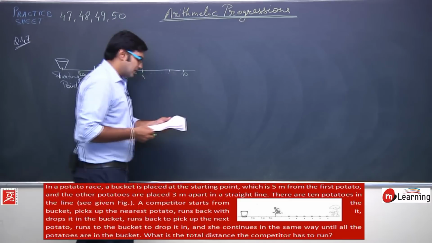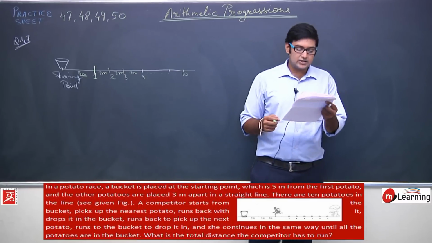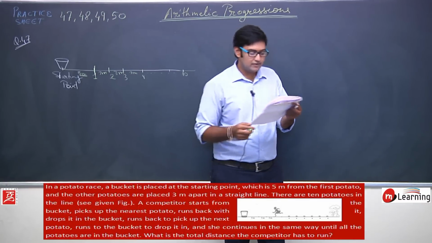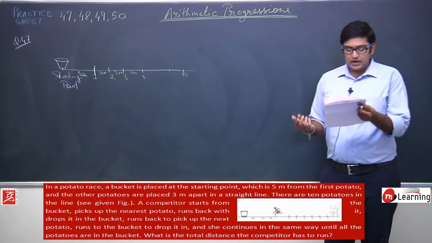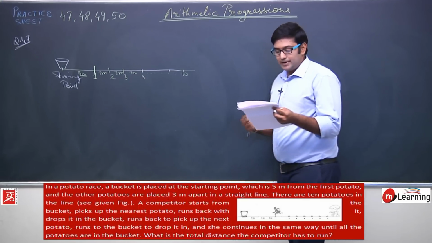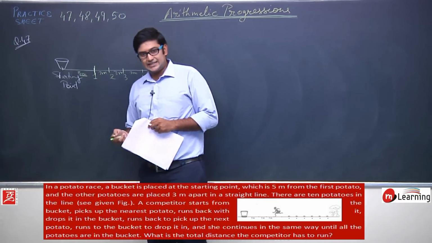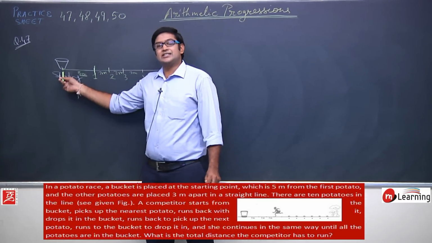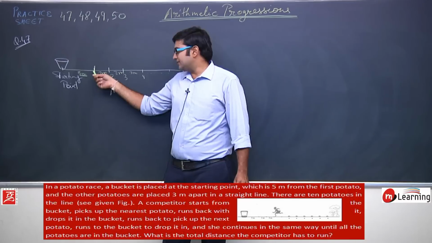Now it says a competitor starts from the bucket, picks up the nearest potato, runs back with it, drops it in the bucket, runs back to pick up the next potato, runs to the bucket to drop it in, and she continues in the same way. So there is a person standing at the starting point just near the bucket. He runs here and picks the first potato.